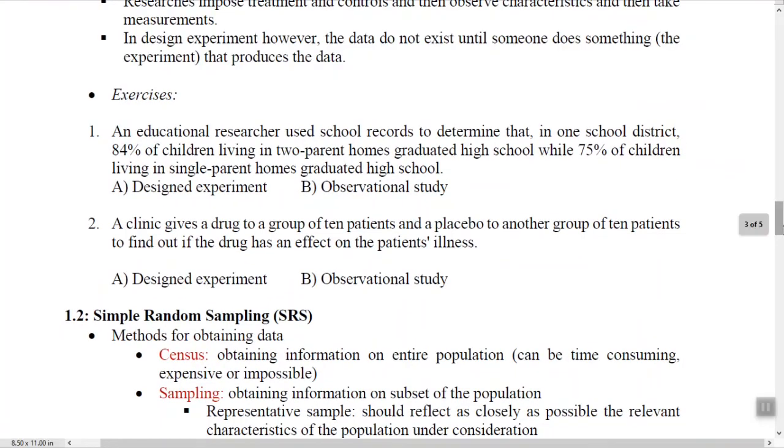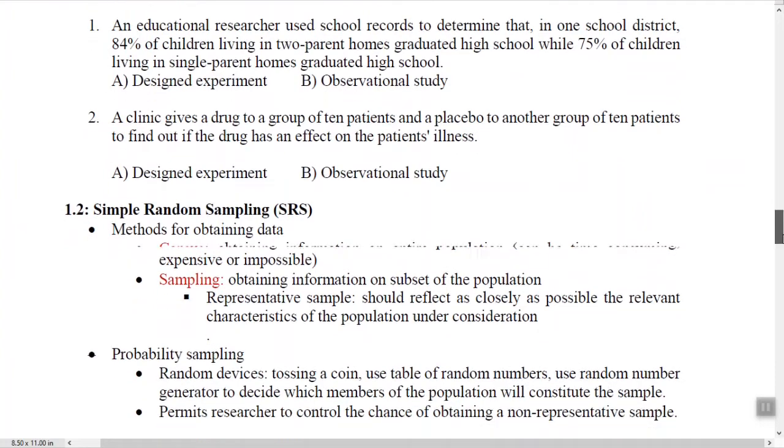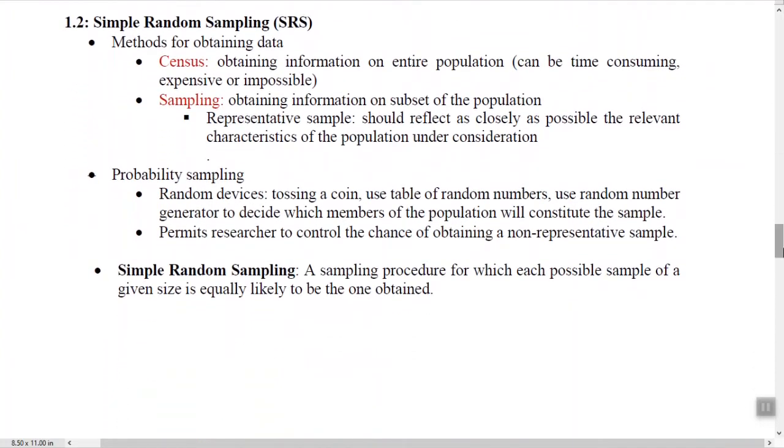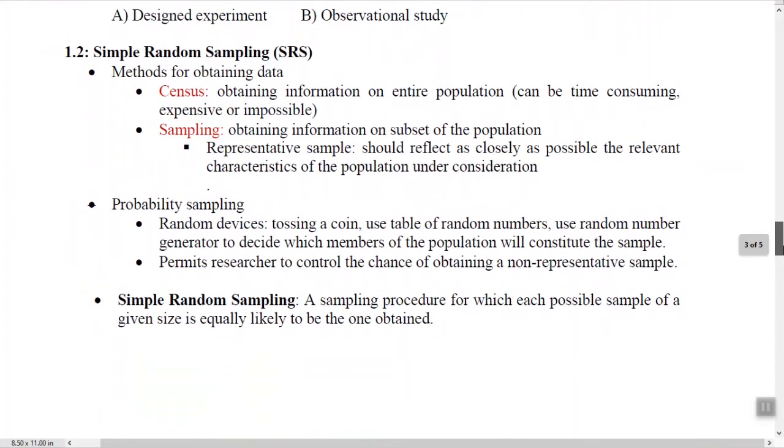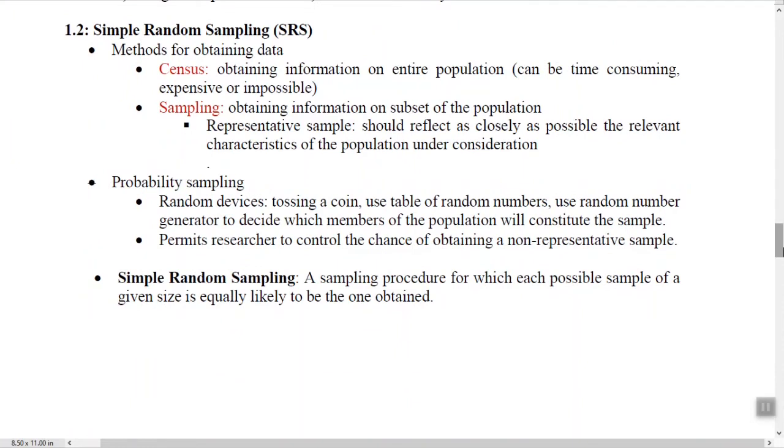The other thing is how we select these samples. You saw that we take a sample from a population, but you don't know how we select this sample. There are many techniques to select a sample in statistics.